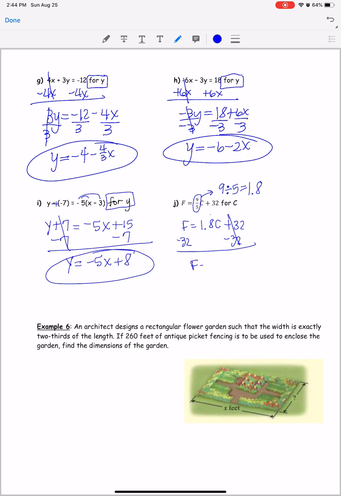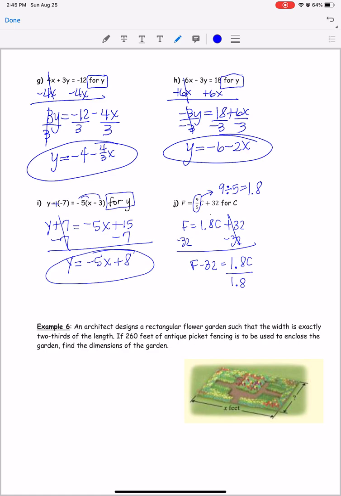So I've got F minus 32 equals 1.8C. And then we're going to divide. Now on this one, it is true that both this F is getting divided by 1.8 and so is that 32. But you'll notice that doesn't really go into either one of those evenly.